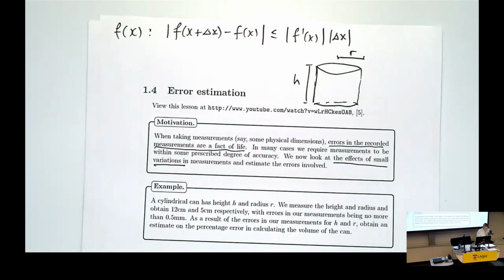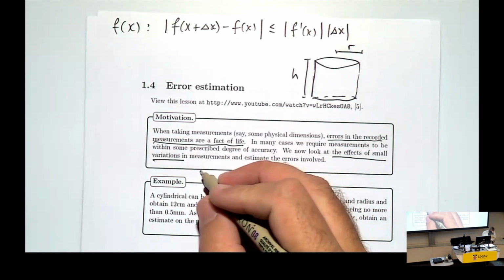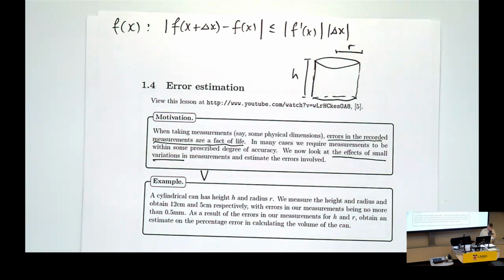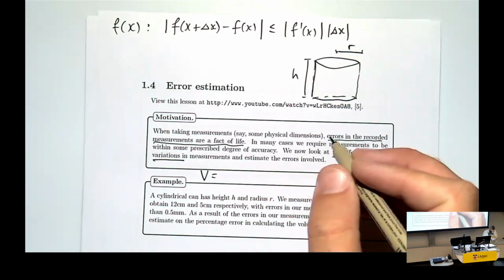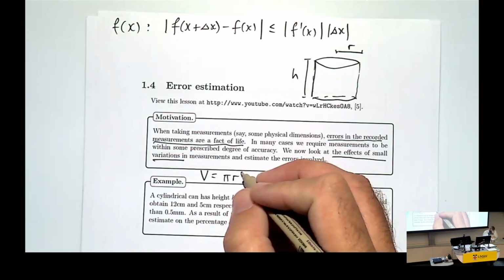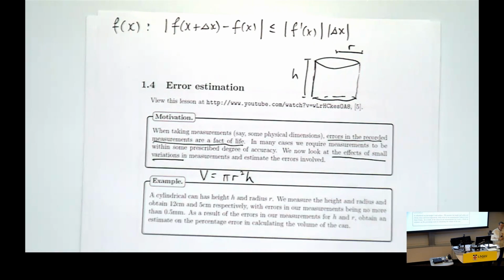All right, so let's work it out. Let the volume be V, and it's going to be pi r squared h. So 2 variables there. One is the radius, one is the height. Now, what else do we have?